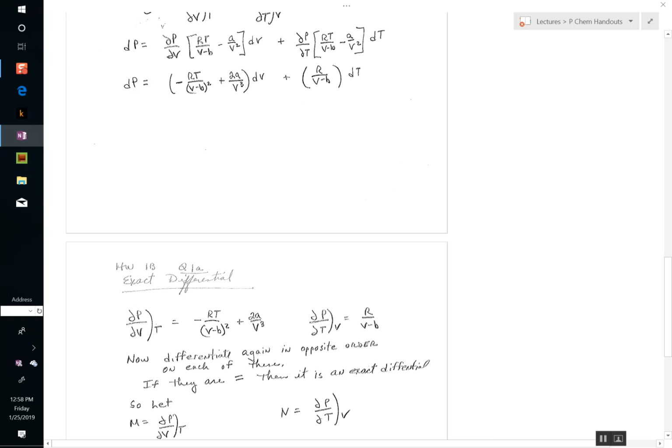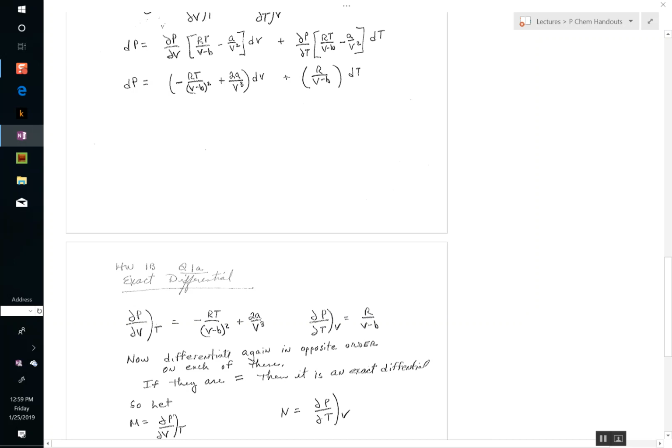So I'm going to steer you in the right direction here. In other words, differentiate that. I'll go down further, but there's the answer. So what I'm doing here, I'm saying let M equal this thing. So now differentiate M with respect to temperature at constant volume.